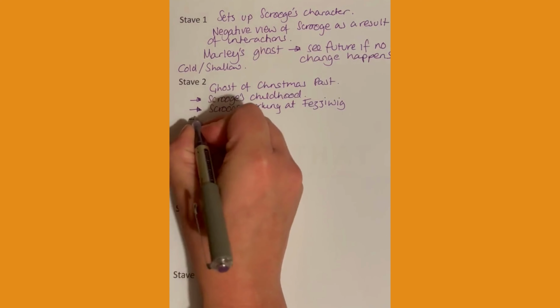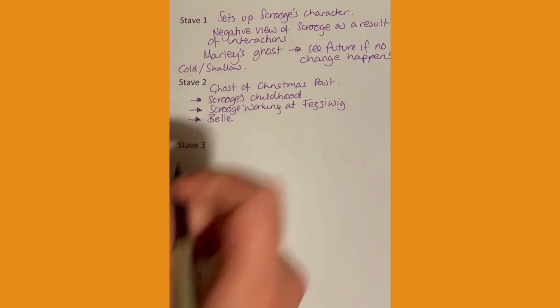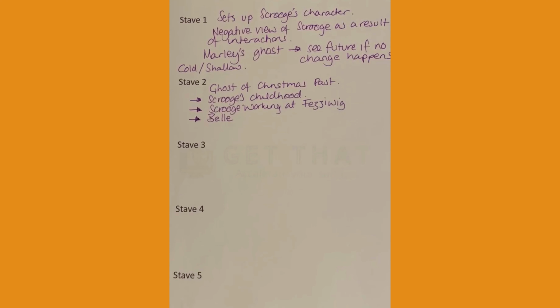We also see Belle, and we see Belle break off her engagement to Scrooge because she is concerned that he values money more than her, and Scrooge does not correct her.